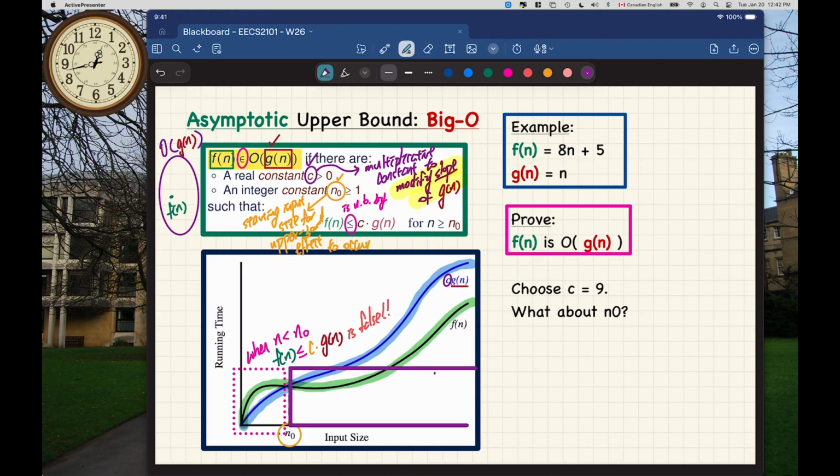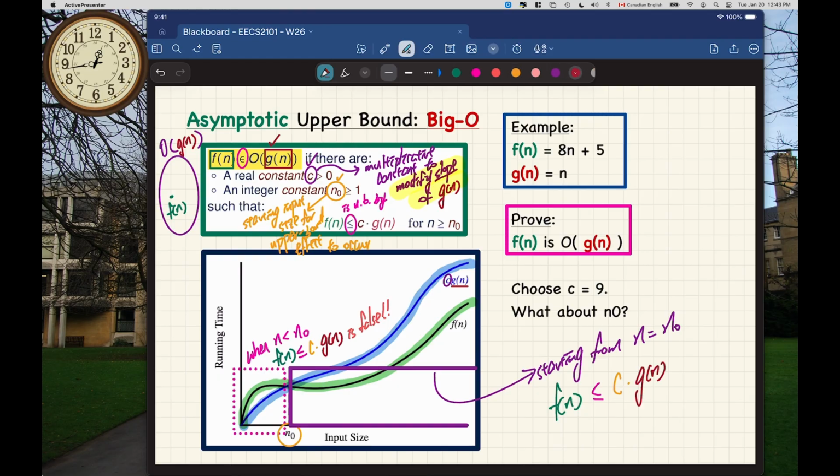So basically we're saying, starting from n equals n0 and onwards, f of n, the running time function, is indeed less than or equal to the multiplicative constant we choose times g of n.